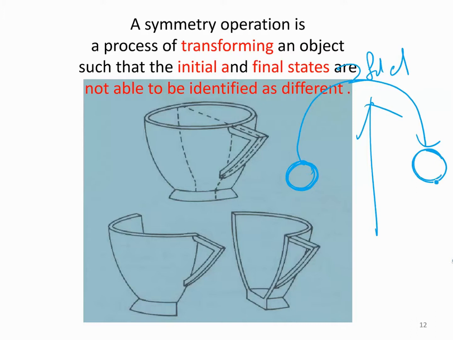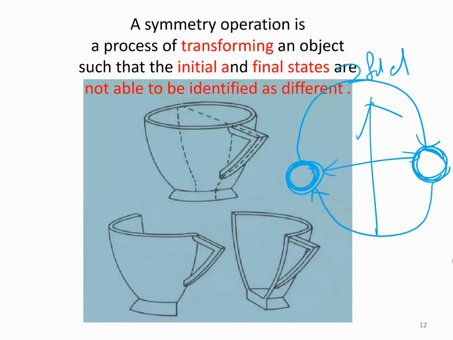Again it rotates 180 degrees and goes back to the original point. Then the twofold symmetry is complete. So this is the origin, and this is the symmetry generated point, and these 2 points are exactly the same.